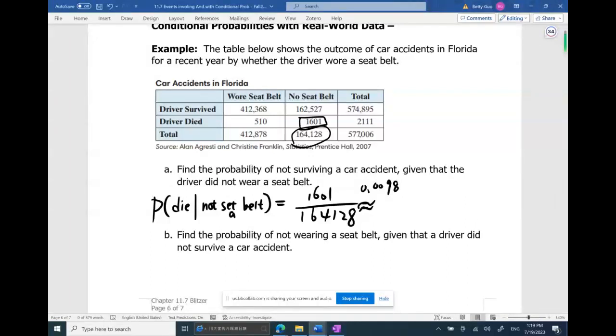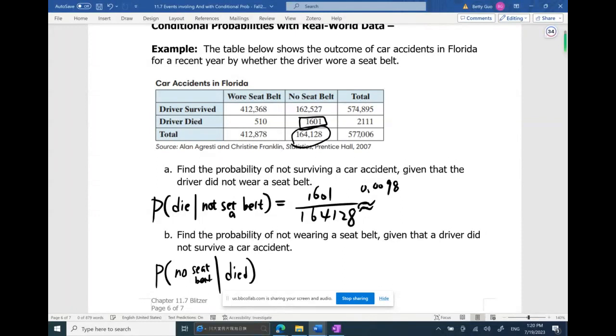Part B, find the probability of not wearing a seatbelt given that a driver did not survive a car accident. So this time we are looking for the probability of no seatbelt given the driver did not survive. Did not survive means died, right?